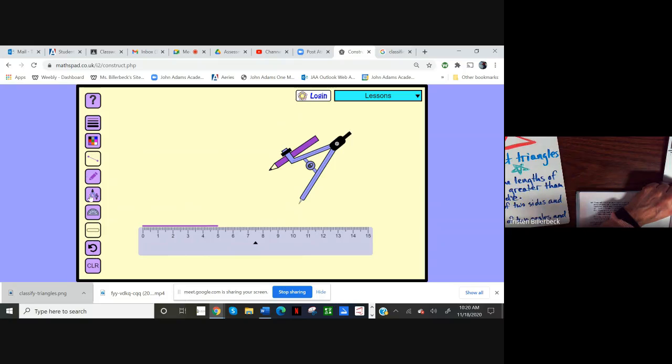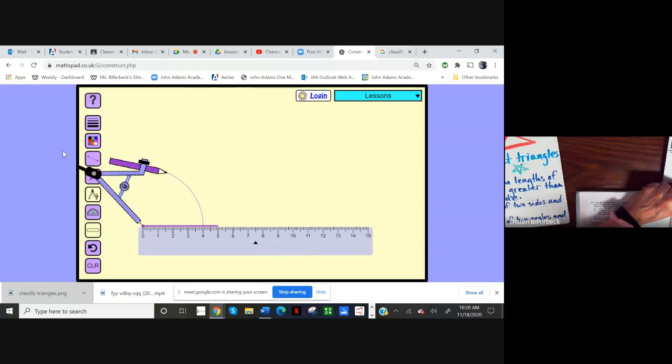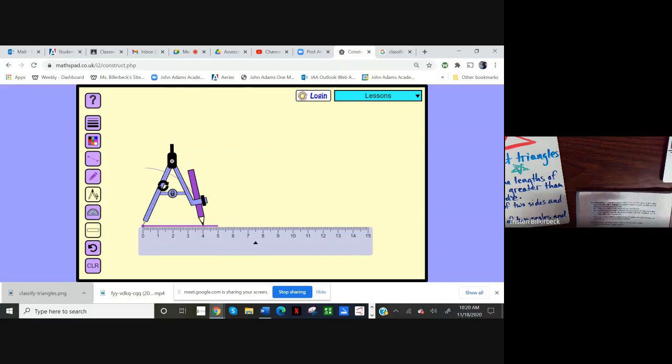Okay, there we go. So I'm going to move the needle here, and I'm going to stretch this out so it goes to 4 right there. And lock it in. And now I'm going to rotate it and just create a construction line. Now that's one of my lengths.